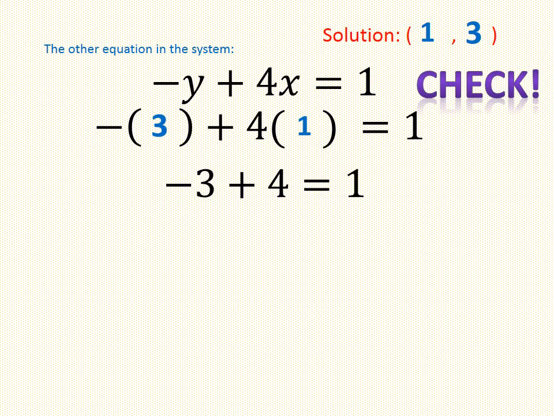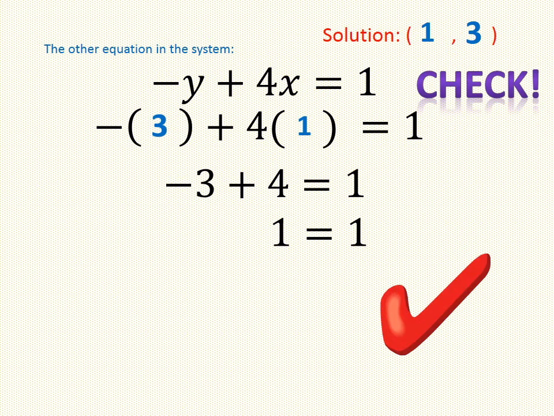Negative 3 plus 4 times 1, that's a 4, equals 1. We know that negative 3 plus 4 is 1, which makes me end with a true statement. And that verifies that 1, 3 is indeed the solution for this system.